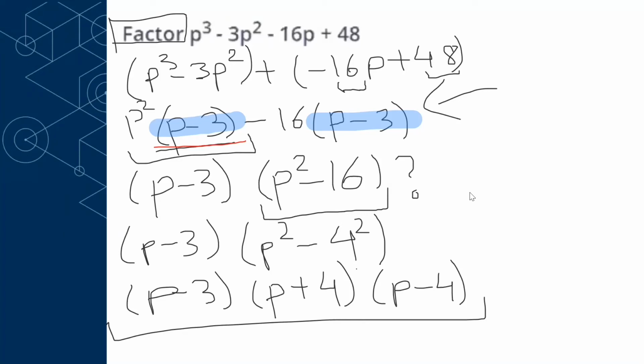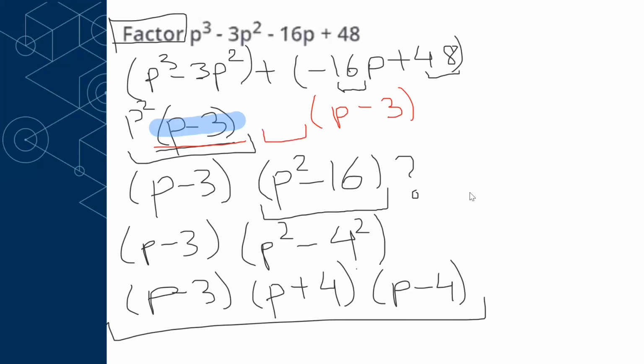So now you know that is going to be a common factor. What I'm going to do is write p minus 3. And I do not know my GCF in here yet. I will try to figure that out using the working your way backwards method. So I should be asking myself, p times what gives me negative 16p?